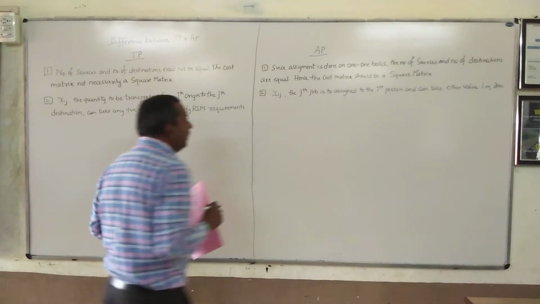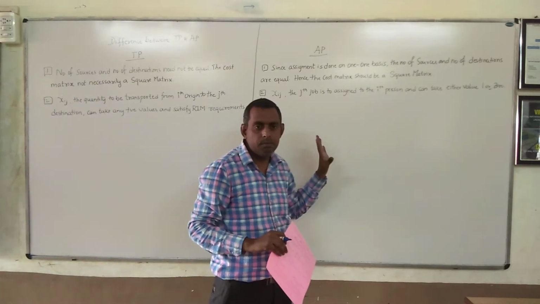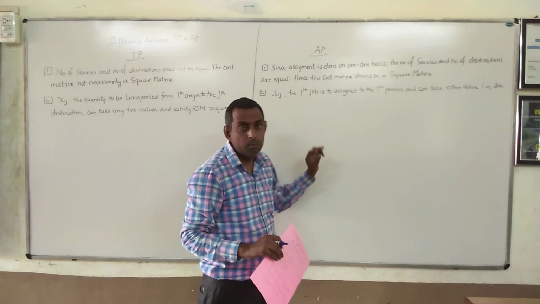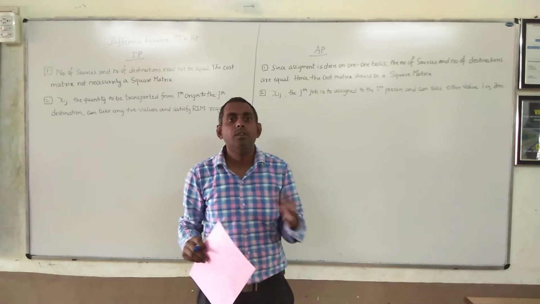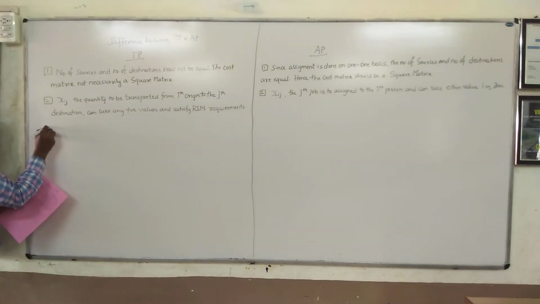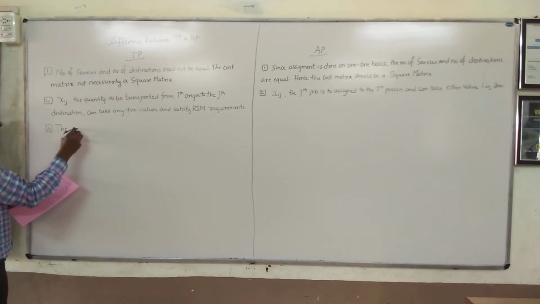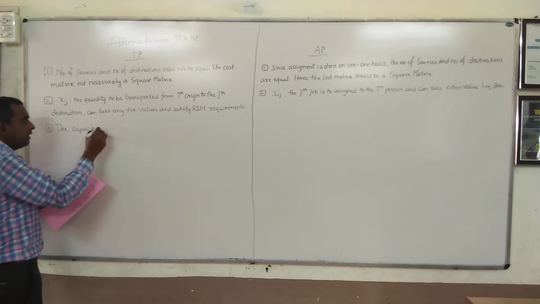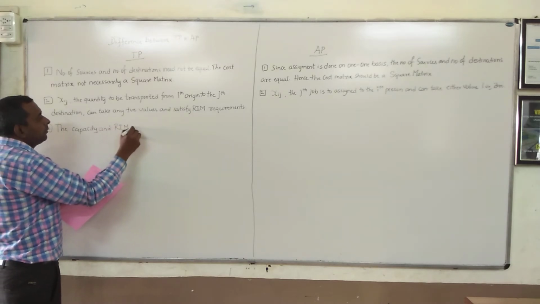So what happens here? Jth job is assigned to the ith person. Fine, on one-to-one basis, perfect square matrix, and can take either 1 or 0 values. Fine. So here the third difference is the capacity and rim requirements.